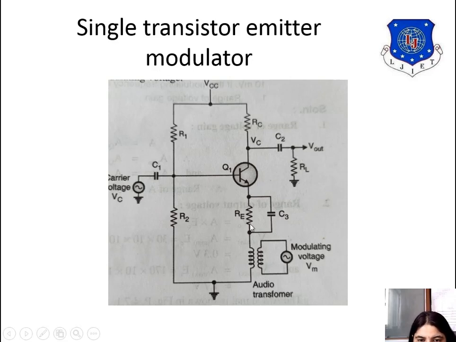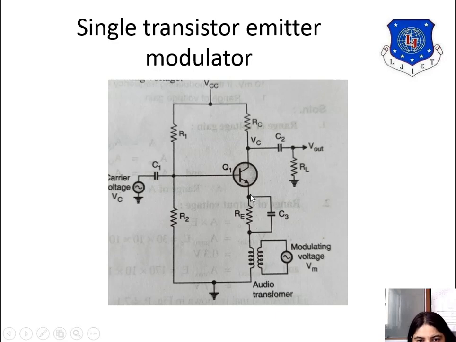But when the modulating signal is applied through this emitter end, the transistor will operate as a non-linear device, and multiplication of the carrier and the modulating signal will take place. So the gain of the amplifier also depends upon the modulating signal voltage.